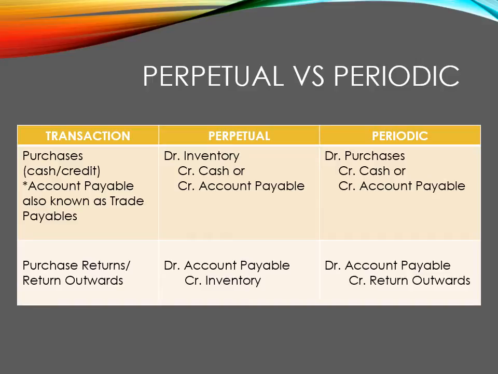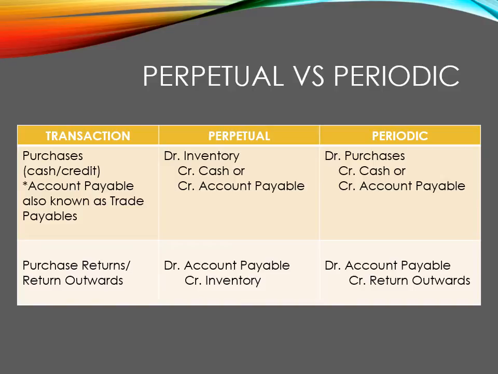However, if you adopt the perpetual inventory system, you will record debit inventory account and credit cash if you purchase on cash, and debit inventory, credit account payable, the name of your supplier, if you purchase on credit.